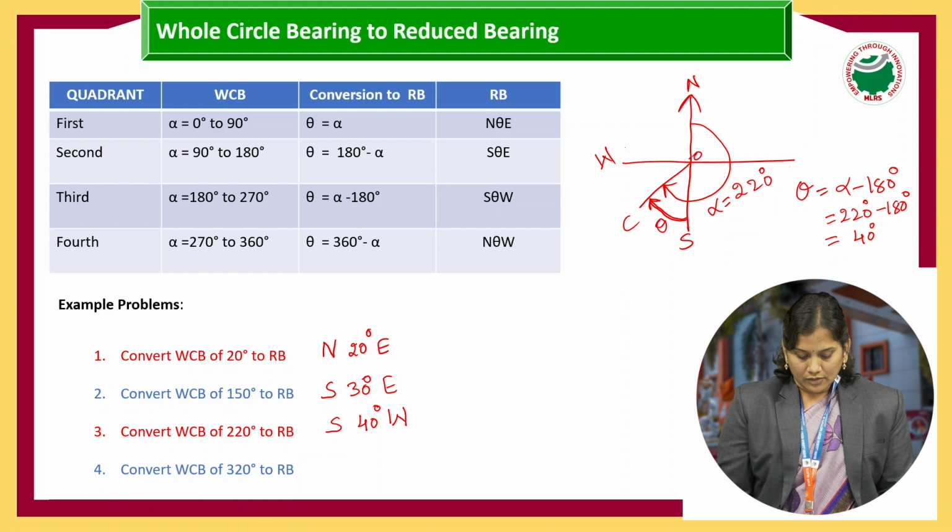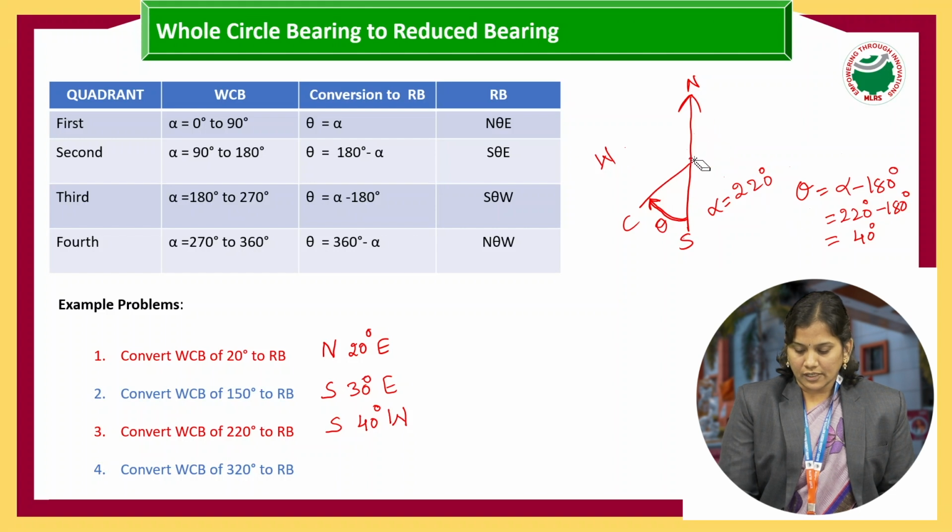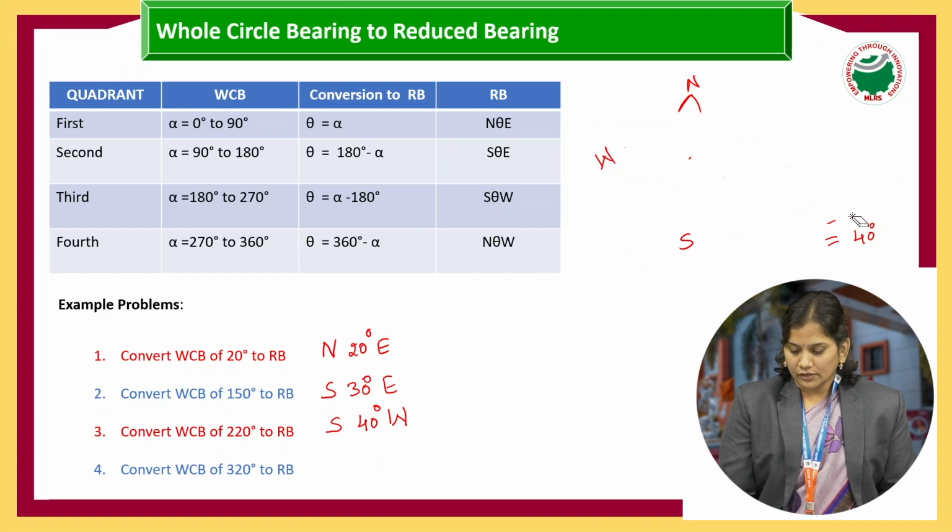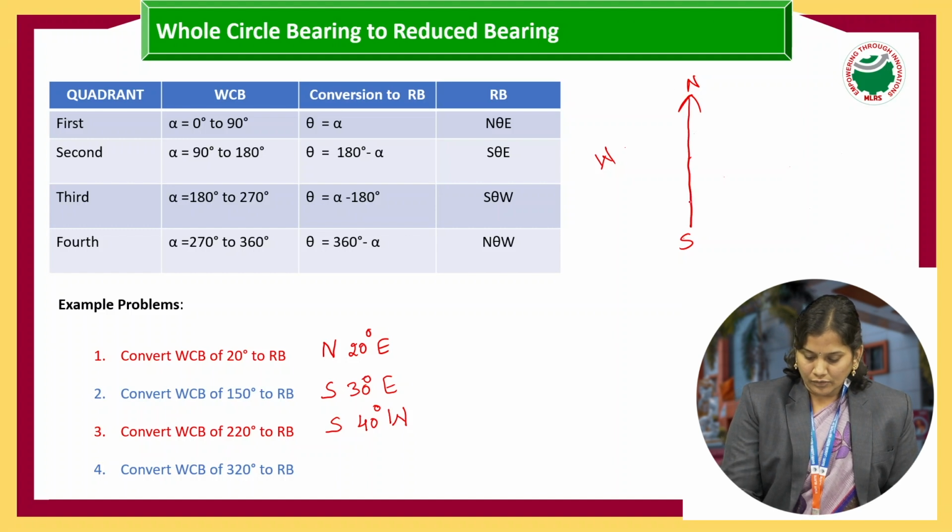Next one. So, convert whole circle bearing of 320 degrees to reduced bearing. Now, our survey line is in fourth quadrant because it is having a value 320 degrees. When the value is in between 270 to 360, then the quadrant is fourth.